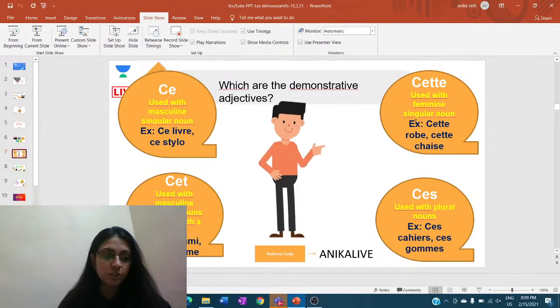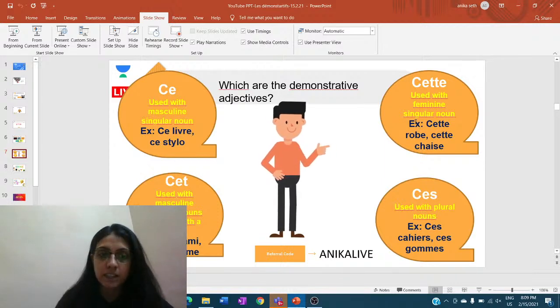So there are three conditions: the noun is masculine, it is singular, and it starts with a vowel. If these three conditions are satisfied in a noun, then we use cet as the demonstrative adjective. For example, cet ami, cet homme.